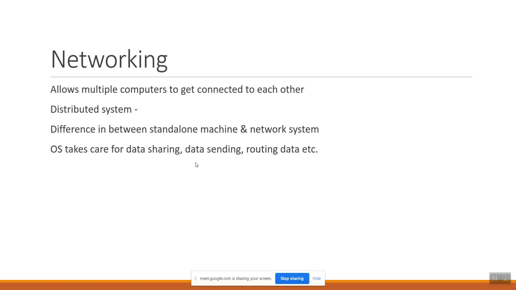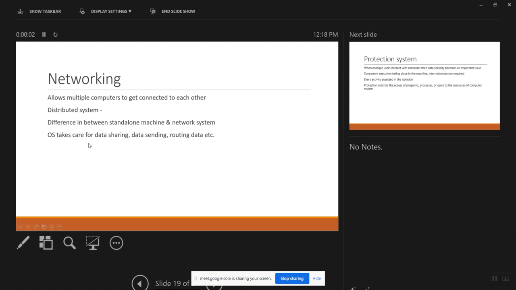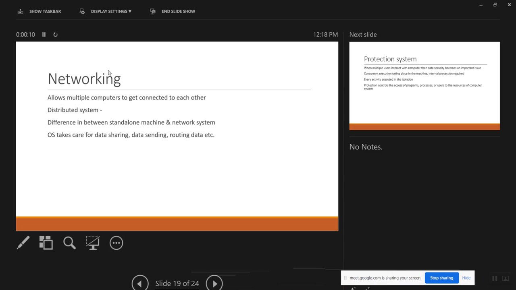Here it is in the PowerPoint presentation. Then there is a difference between a standalone machine and a network system, and the OS takes care of data sharing, data sending, and routing of the data. So this is the first component of today's lecture, the activity provided by the OS.